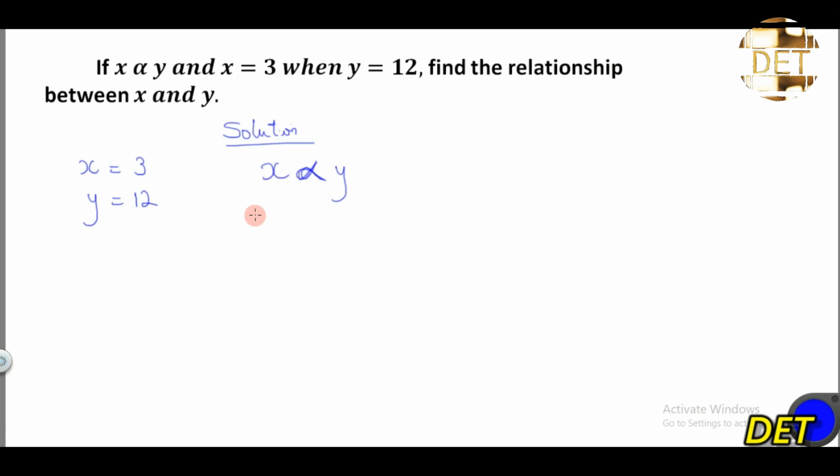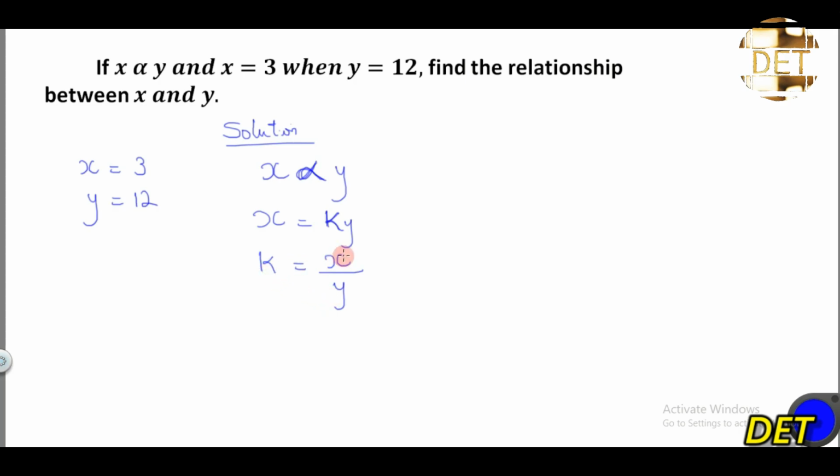So by bringing in a constant, my X will be equal to KY, where K is the constant. So if X is equal to KY, my K will be equal to X over Y.